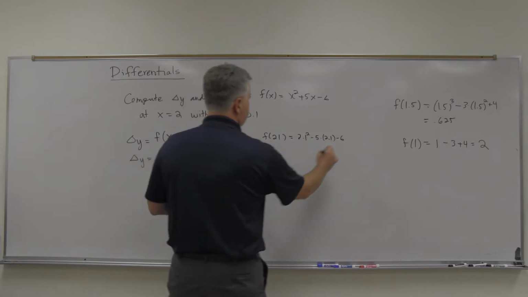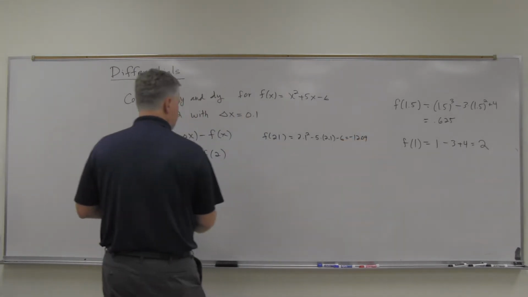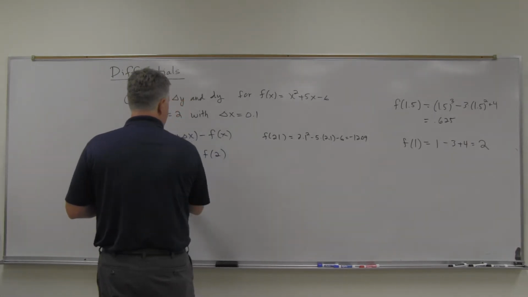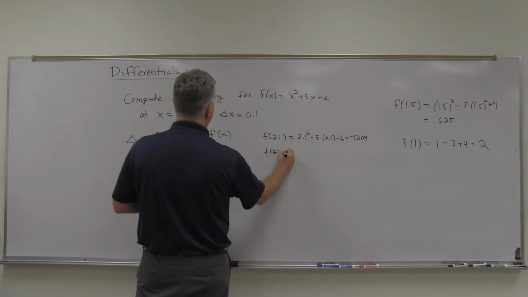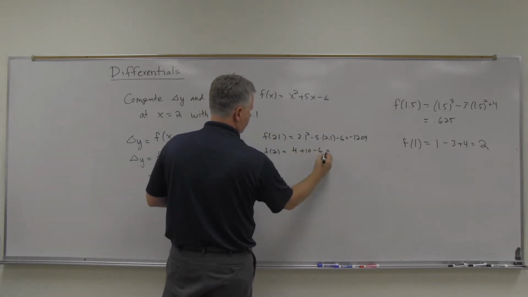I get negative 12.09. f of 2, well, plug in the 2, you got 4 plus 10 minus 6, that's, oh, that's 0.